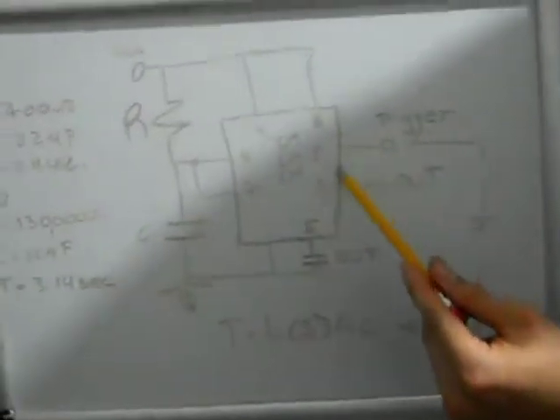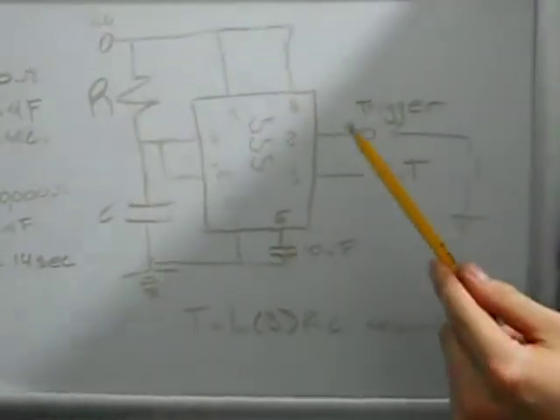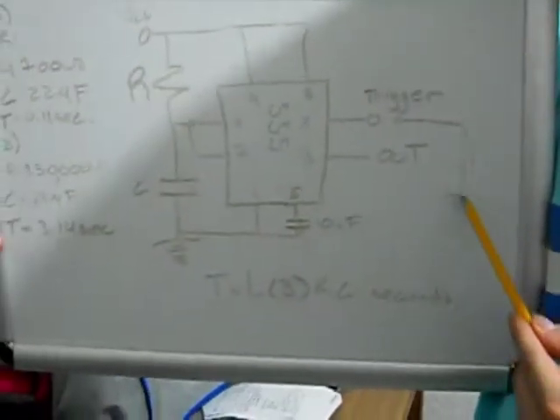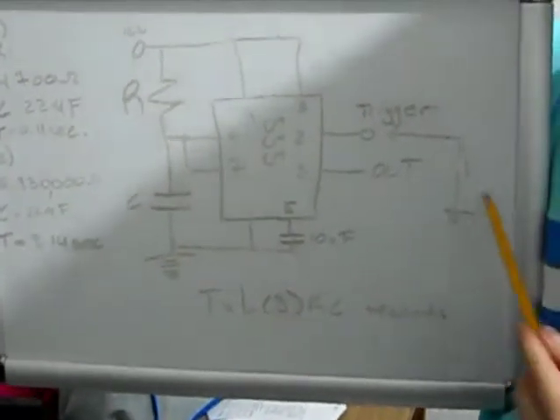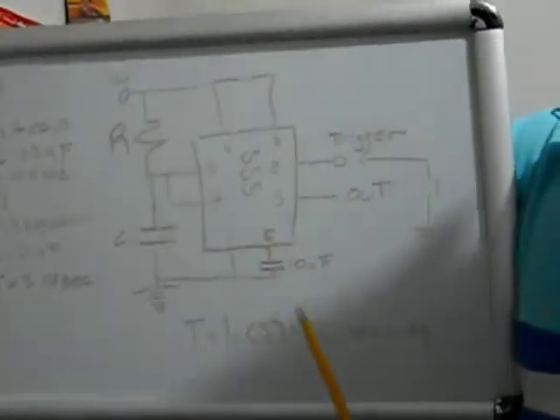The trigger needs a low voltage to activate it. So we're going to use a push button here, and we're going to connect it to ground because we need a low voltage.